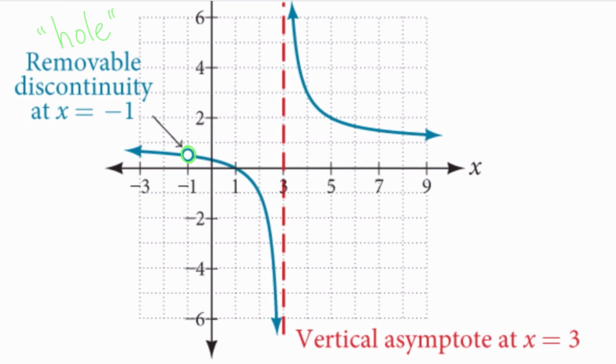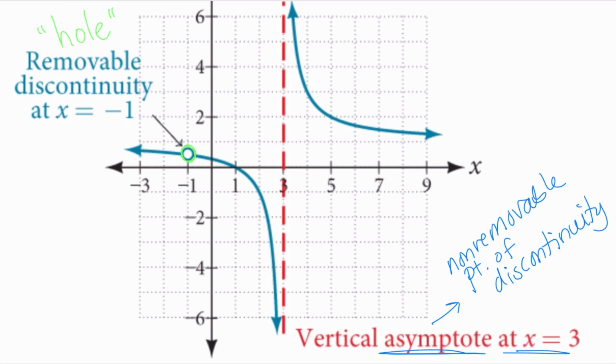Now, there's also here a vertical asymptote at x equals 3. And one of the things that you need to know is that an asymptote is a non-removable point of discontinuity. If I were to fill in this hole right here and I wouldn't have it anymore, this graph on the left-hand side would be continuous. But if I were to go ahead and get rid of and just delete this red dotted line, which is the vertical asymptote, these two parts of the graph that you see, they would never cross, okay?